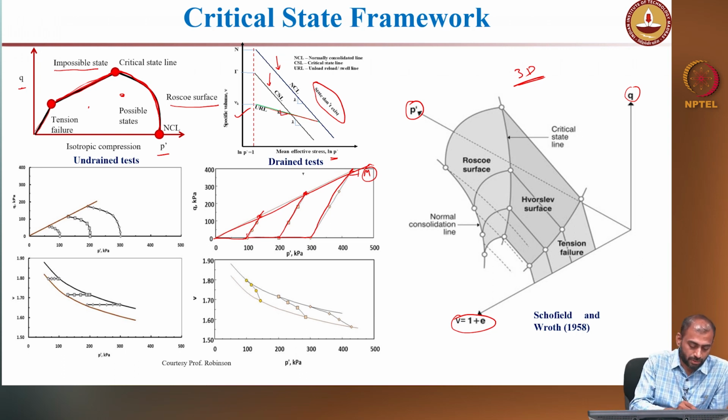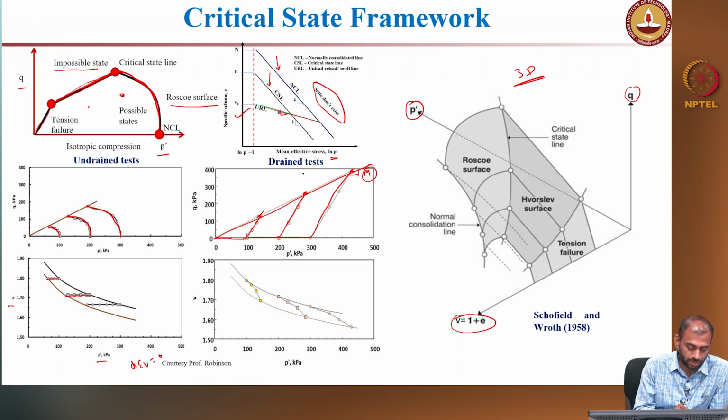Similarly, you can perform an undrained test, and then the material contracts and reaches the critical state, right. Again, if you represent the same thing in specific volume and P prime space, if you perform an undrained test, the volume change is 0, as you all know. So, the void ratio is constant throughout the test, right.